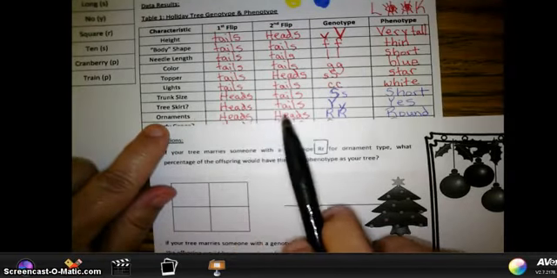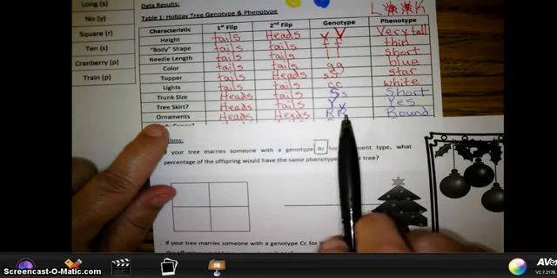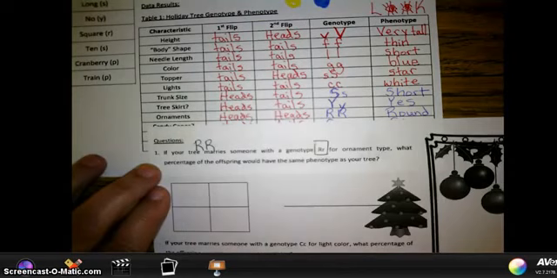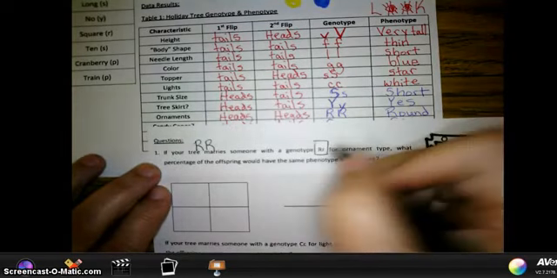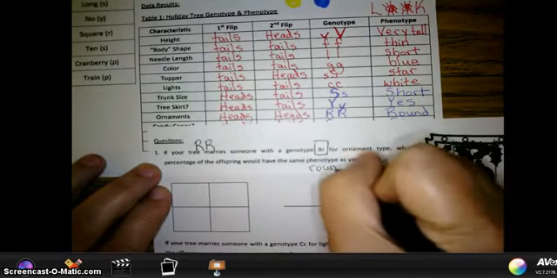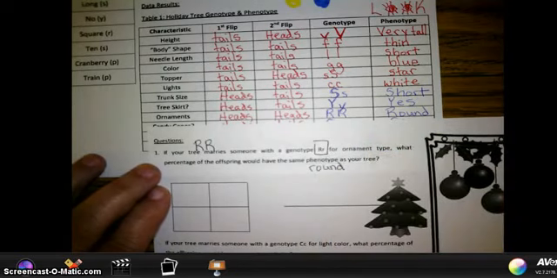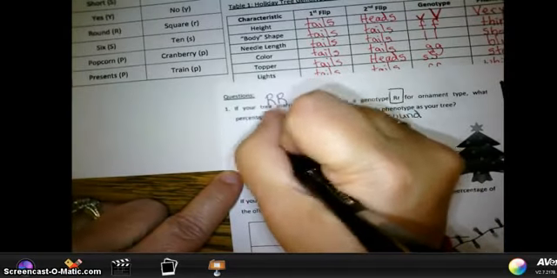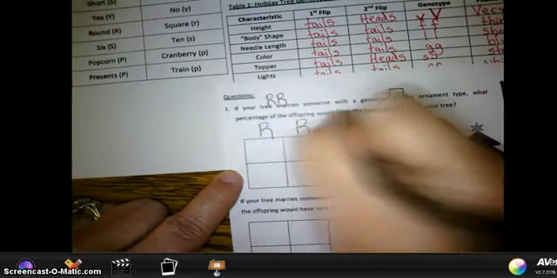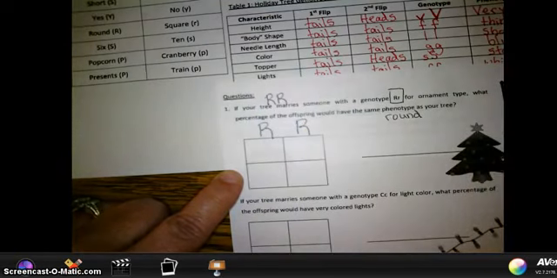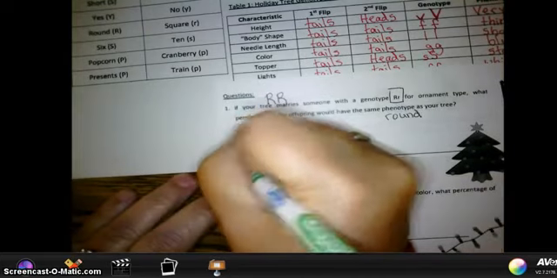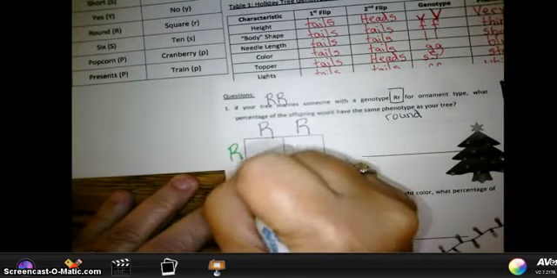We had a heads, so that was capital R, capital R. For our tree, we had capital R, and our tree's phenotype was round. So we're going to use that information to fill in this Punnett square. So we're going to put our tree at the top, and then we're going to put the one that it marries on the side.